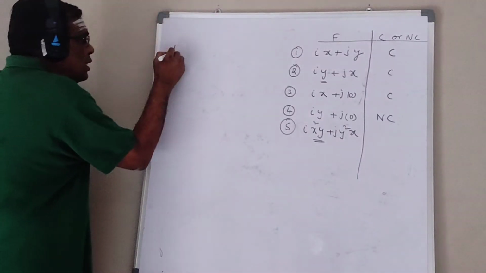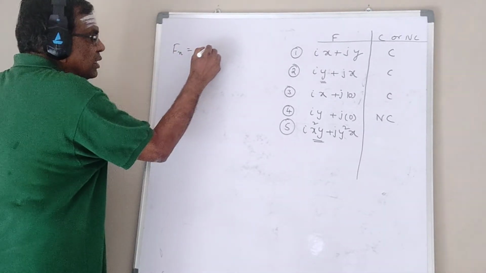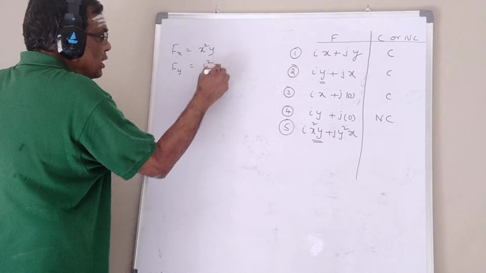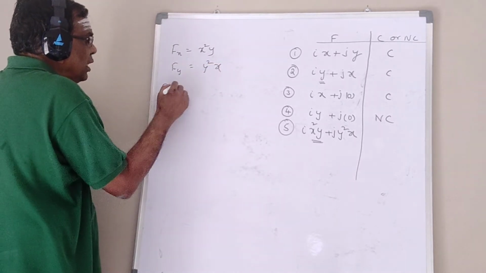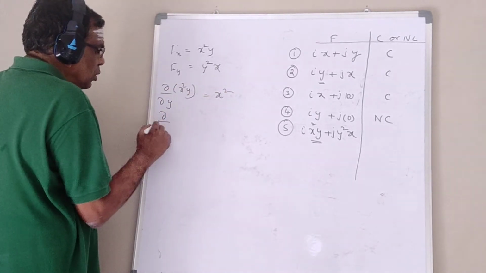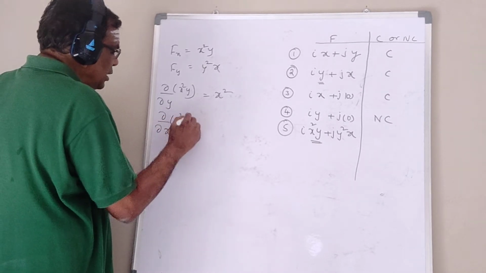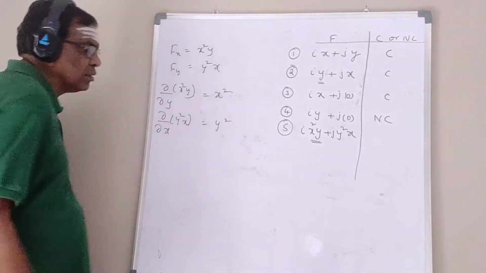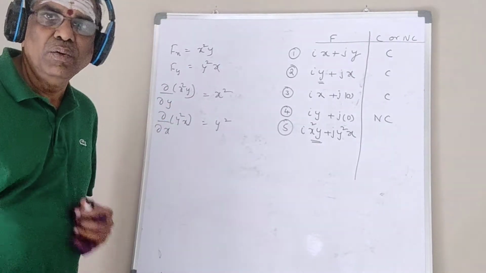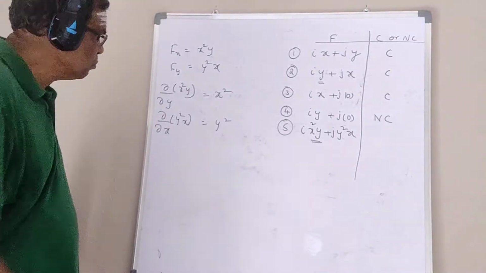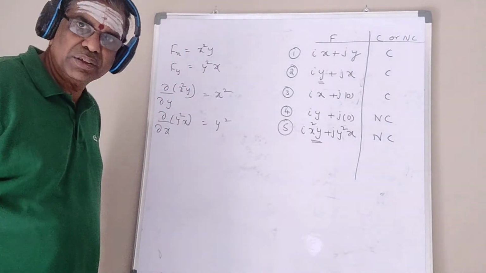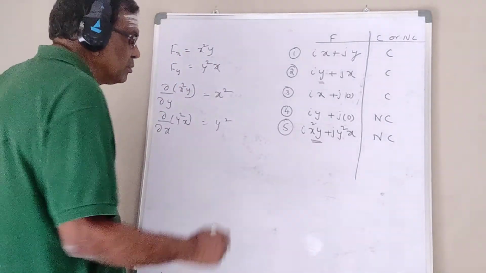What is f_x here? f_x is x² y, f_y is y² x. So ∂f_x/∂y is x². ∂/∂x of y² x is y². So this is not equal to this unless x is equal to y, only at that point. But that's not our concern. Therefore, this is a non-conservative force.